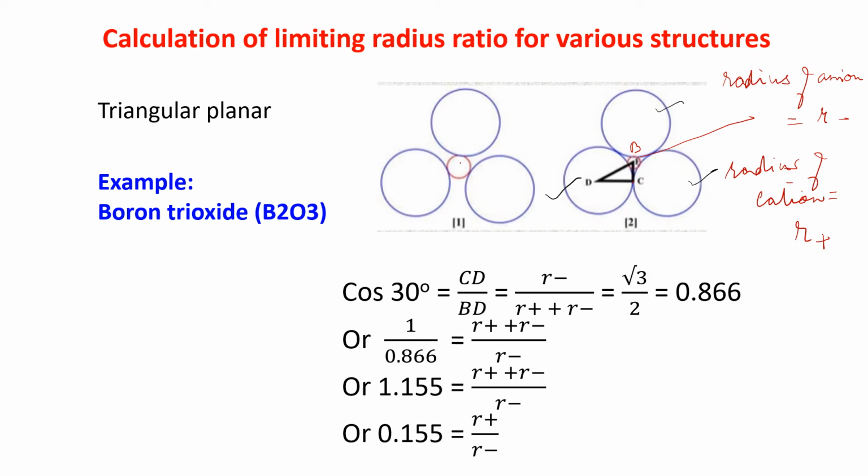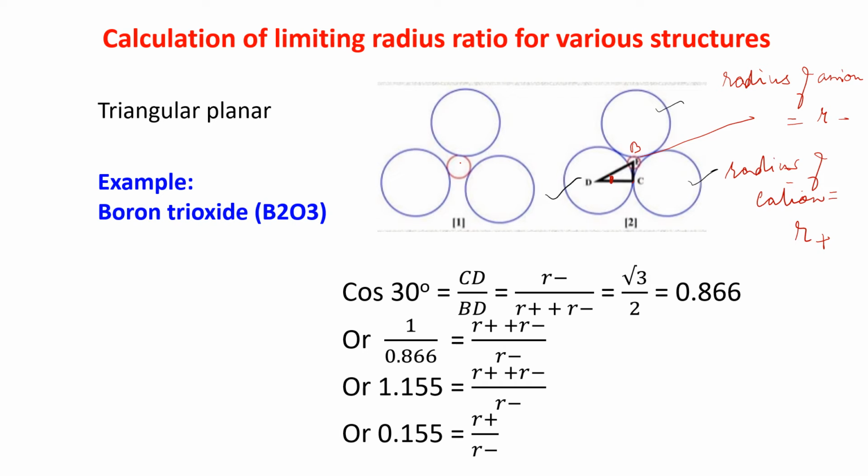As I have joined these two lines, I am getting a right angle triangle. Now from this right angle triangle, this is your 30 degree. So cos 30 is equal to CD by BD. Now what is CD? CD is the radius of anion.